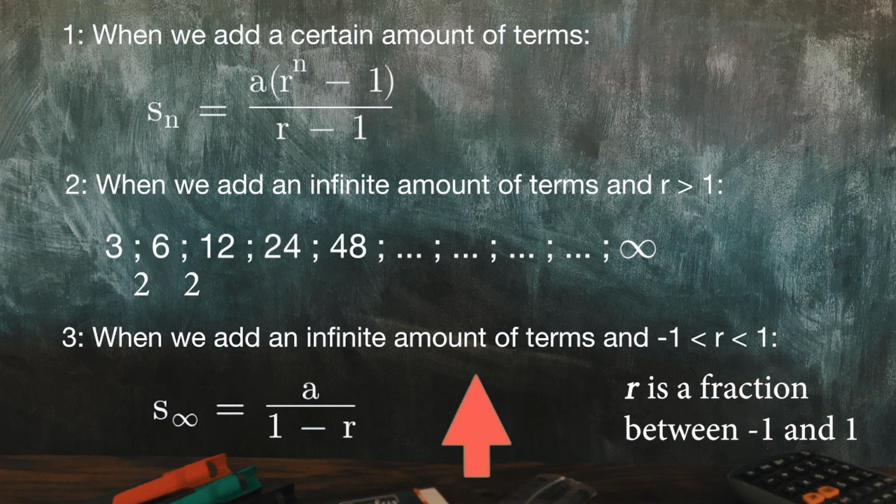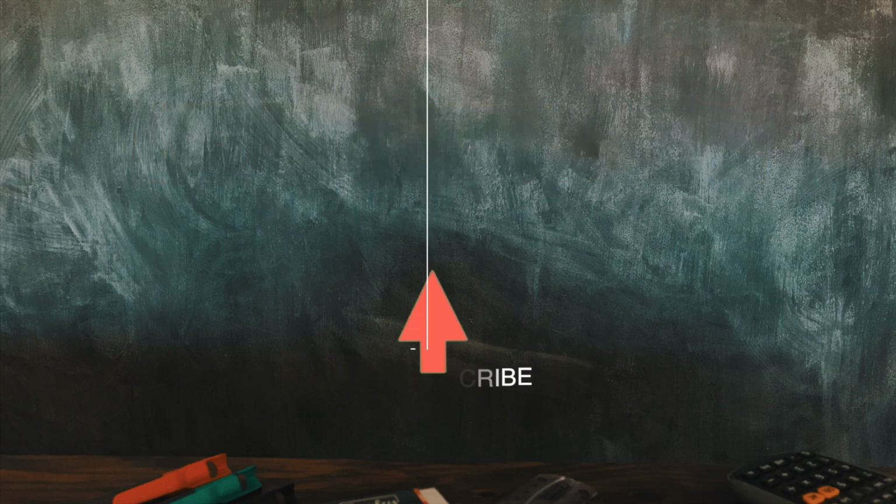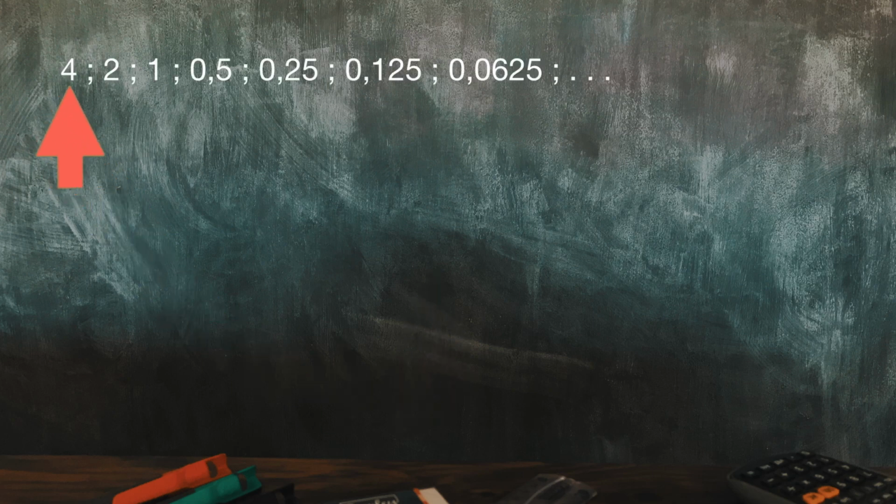Now let's go deeper into this. Let us have a look at what the word converge means. We are looking at the following geometric series, and it has a constant ratio: 2 divided by 4 is a half, 1 divided by 2 is a half, 0,5 divided by 1 is a half, 0,25 divided by 0,5 is a half.